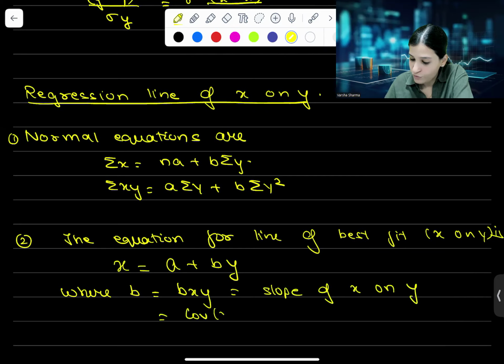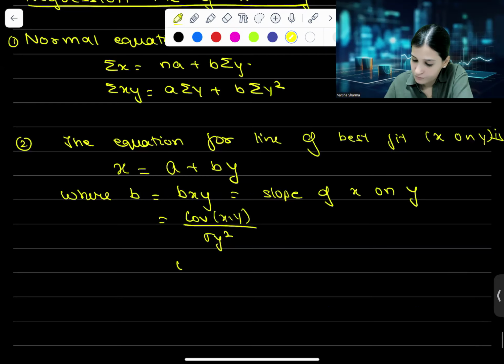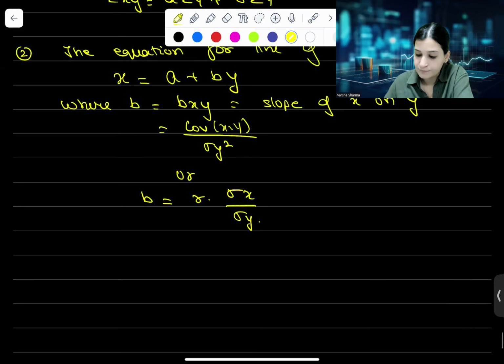The formula is covariance by variance of y, or r standard deviation of x by standard deviation of y, and a is x bar minus b y bar.